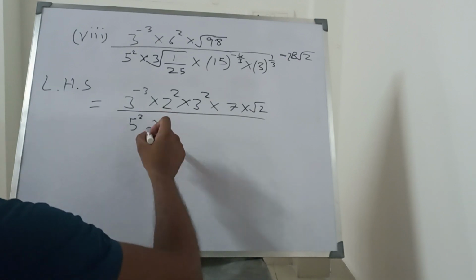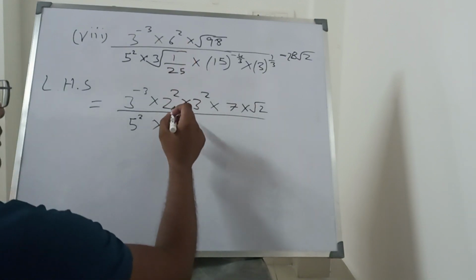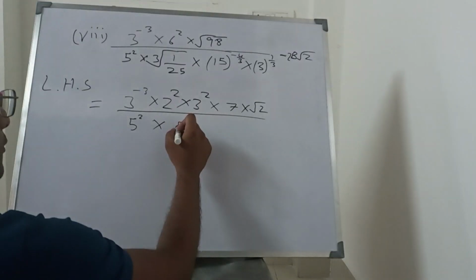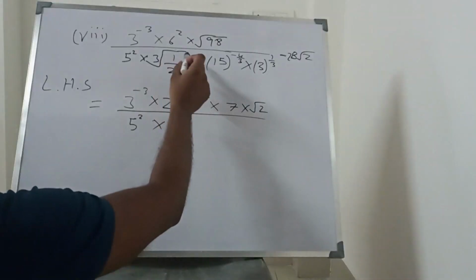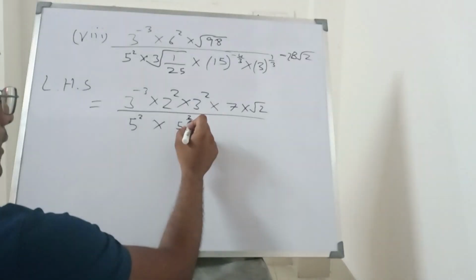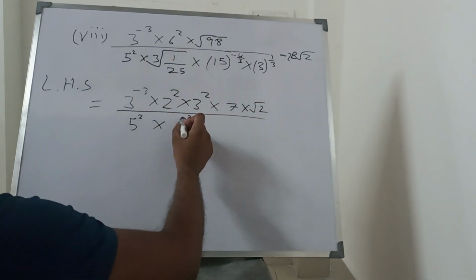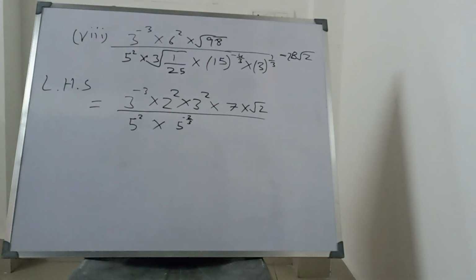So again, if I bring that 5 square over, if I want to write it in the numerator, it will be 5 to the power 2. This 1 by 3 gets multiplied as 3, so 2 by 3. But this 5 square, if I bring it in the numerator, it will be minus 2.